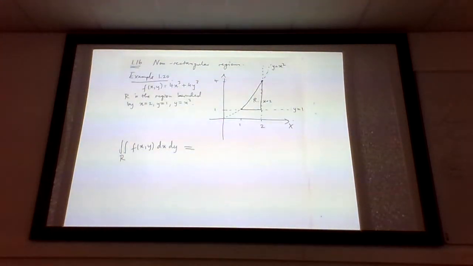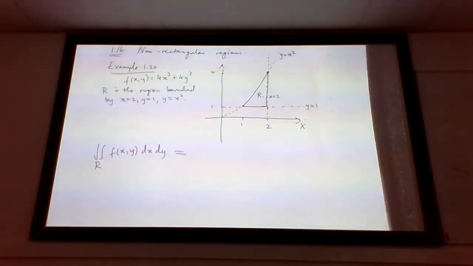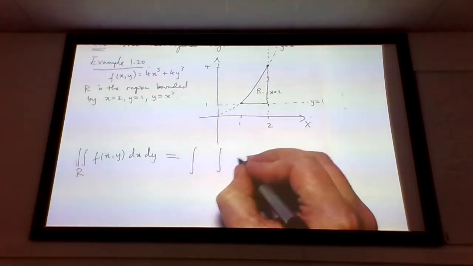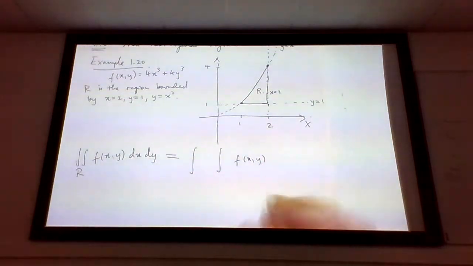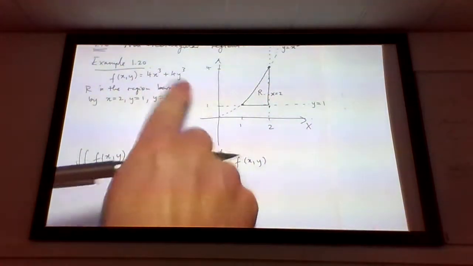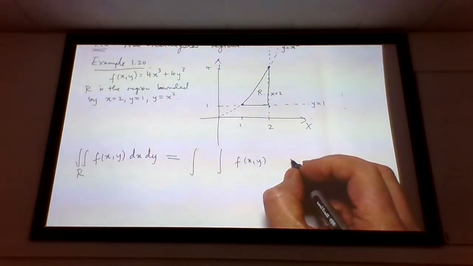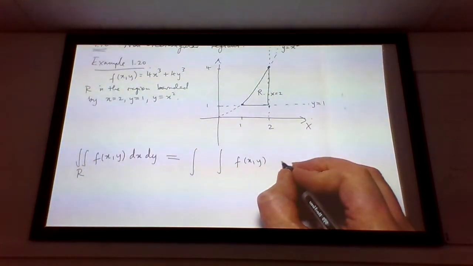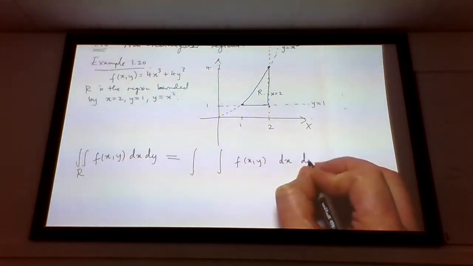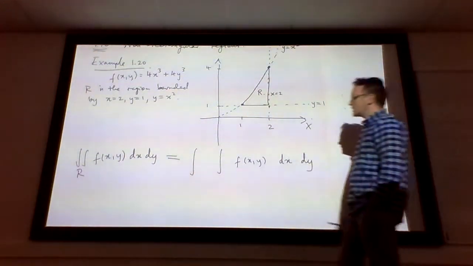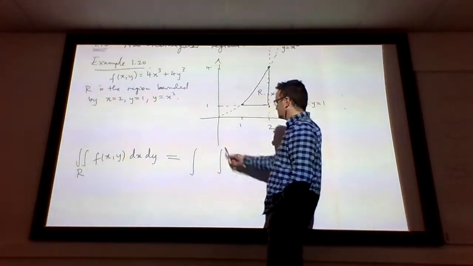Now we'd like to ape what we've previously done with the rectangular regions. So we'd like to express this as some kind of repeated integral. We'll bring in the 4x cubed plus 4y cubed when we need it. But for the moment, it's not so important. So the question is now, what are these limits of integration?